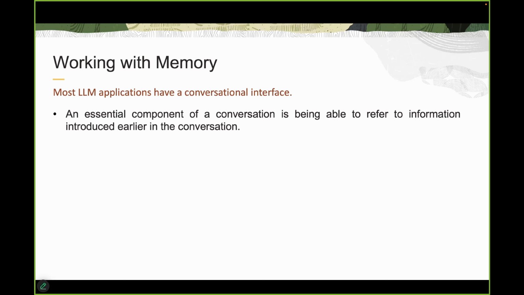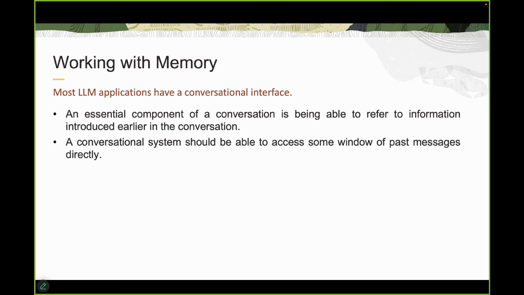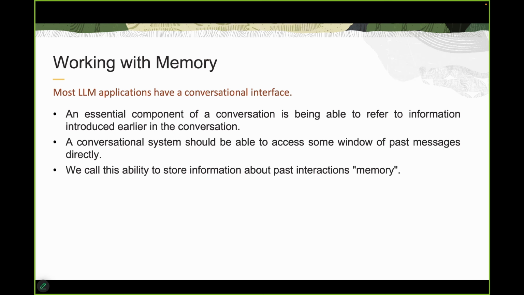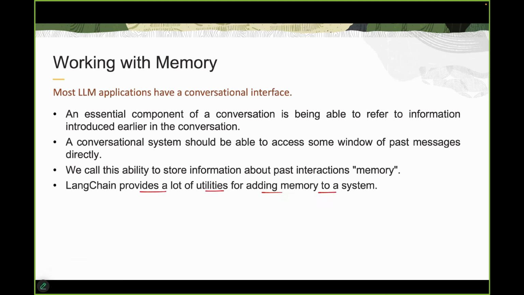That is memory. A conversational system should be able to access some window of past messages directly. We call this ability to store information about past interactions memory. LangChain provides a lot of utilities for adding memory to a system.